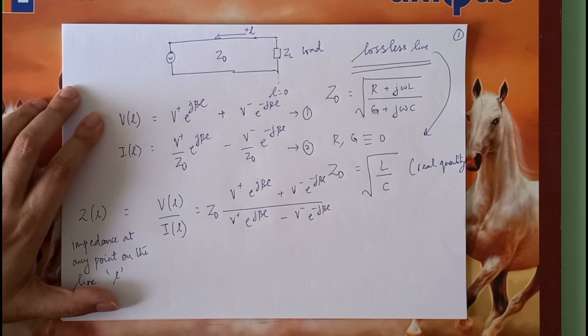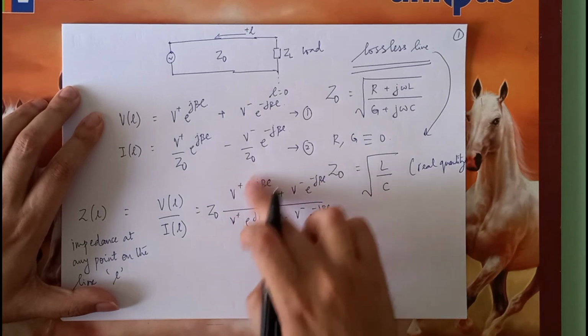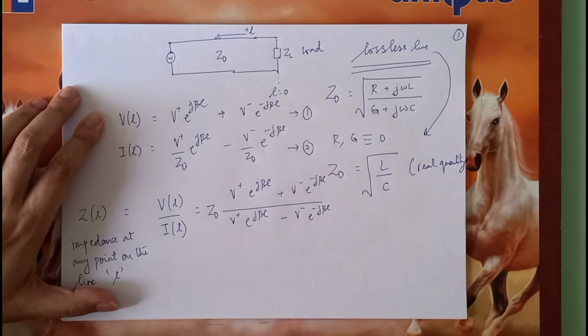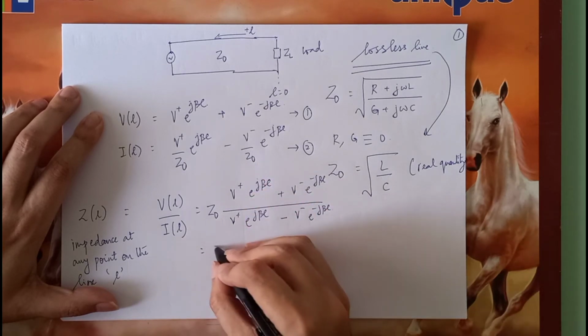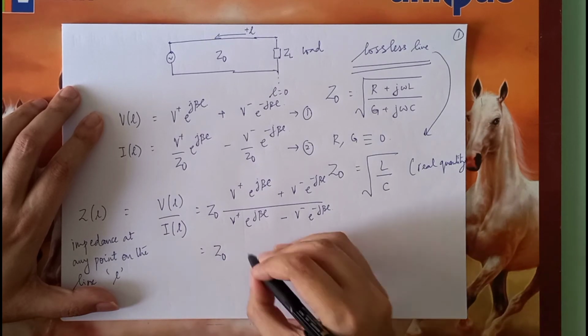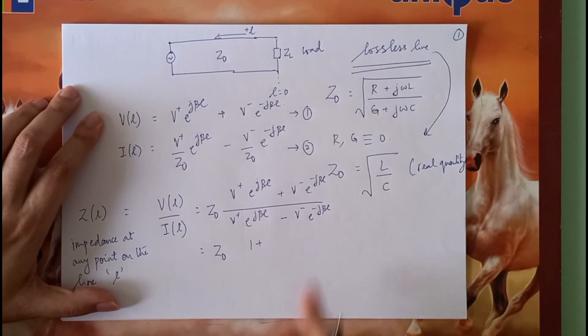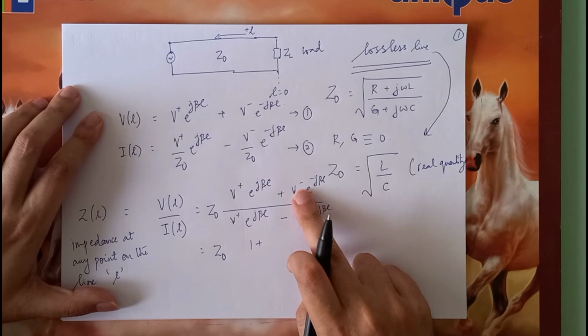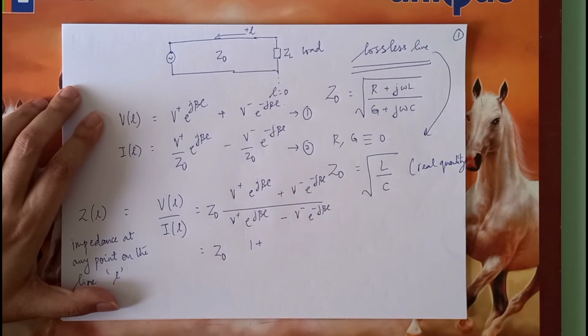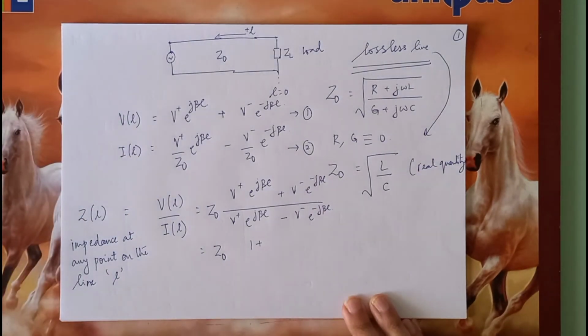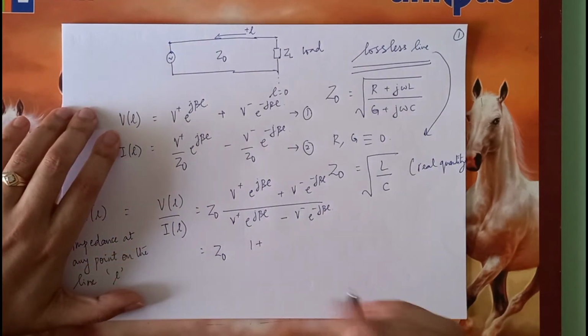So we can take the first term, that is V plus times e raised to j beta L, common from both numerator and denominator. So that would make it Z0 times 1 plus the second term, which is V minus by V plus times e raised to j 2 beta L. Is that fine? Yes, we can do that.